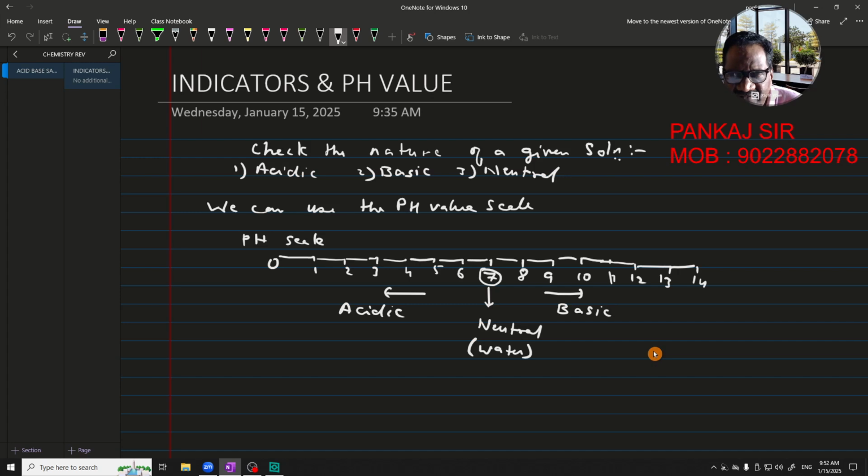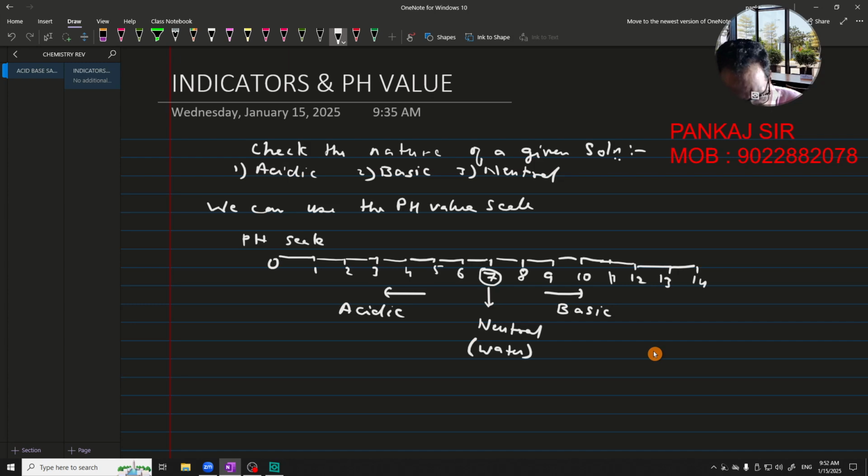Indicators will tell you that a particular solution is acidic, basic or neutral by the change in color. So that is another way of checking whether a solution is acidic, basic or neutral, and one way is checking with the pH scale.